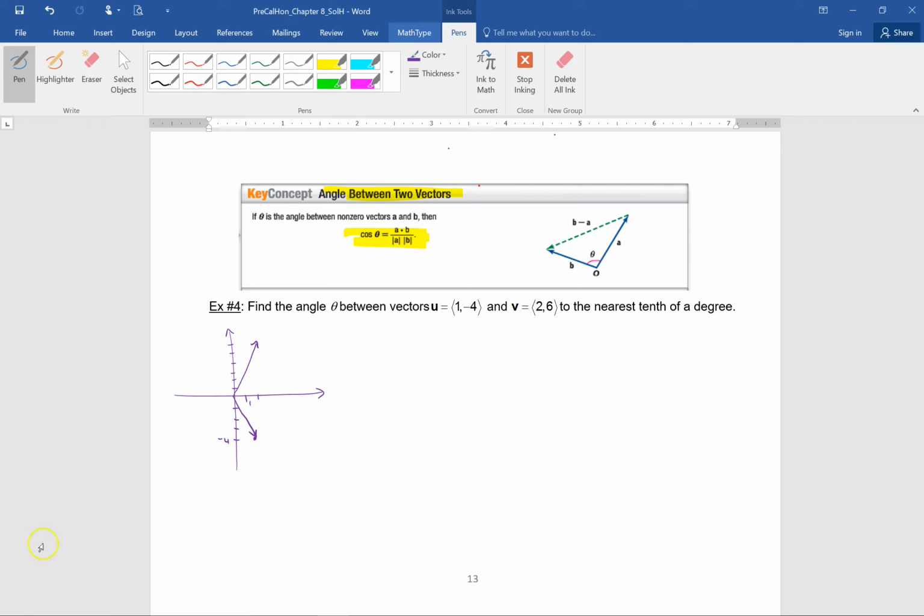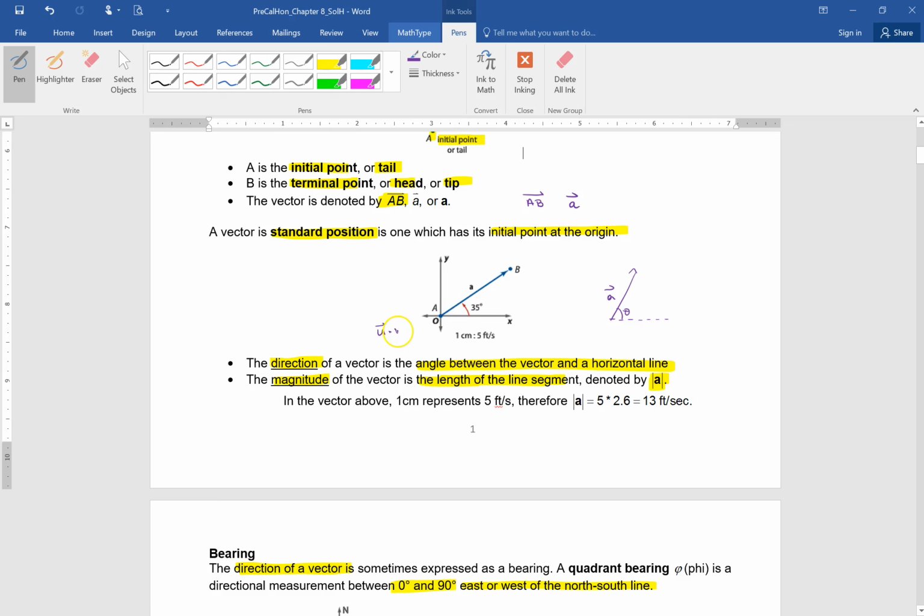Give me one second. Let's find the angle between them. For that, first I need to find u dot v.